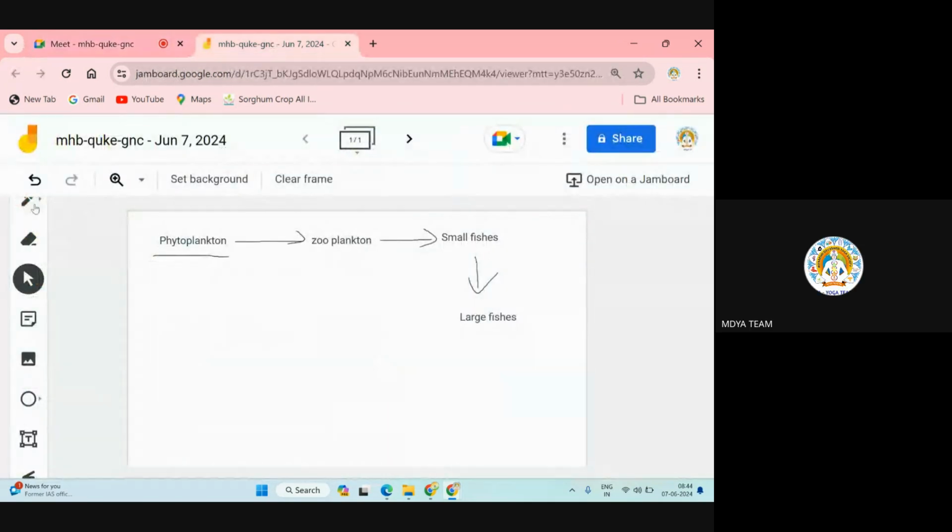Okay, so this will always be producer. This will be primary consumer, secondary consumer, tertiary consumer. And if we write with trophic level, this will be first trophic level, second trophic level, third trophic level, and fourth trophic level.